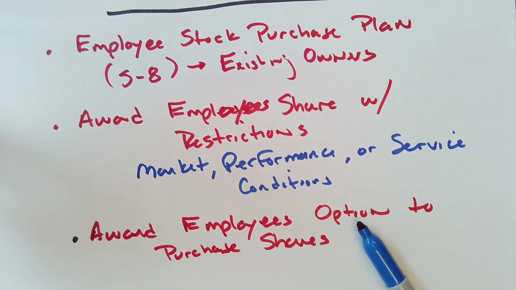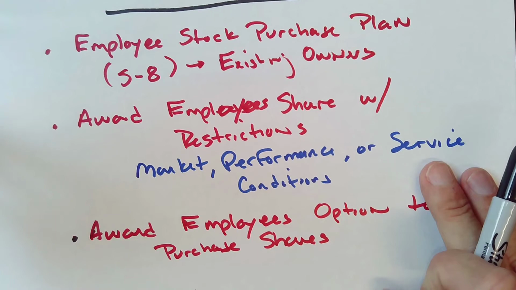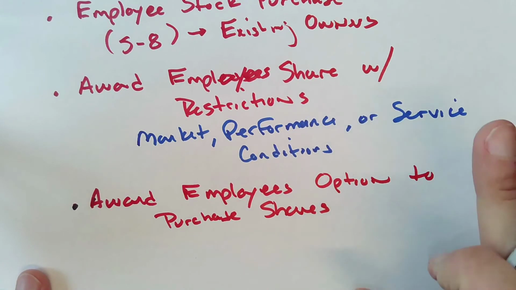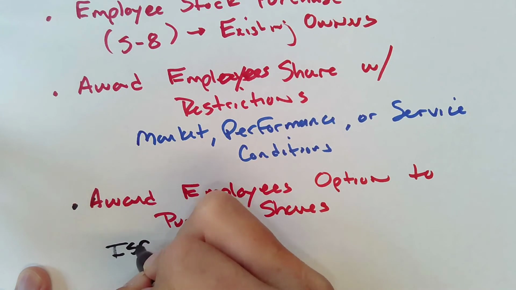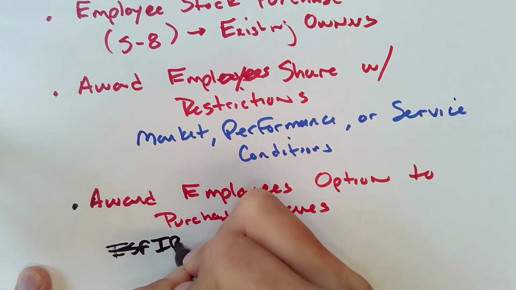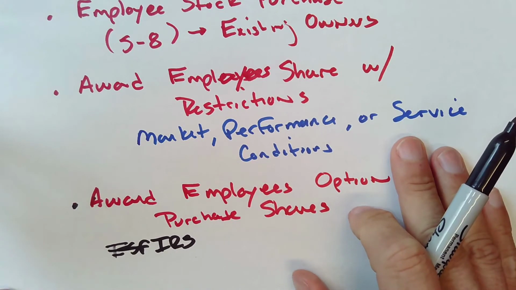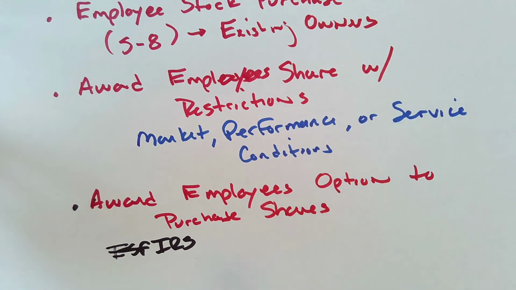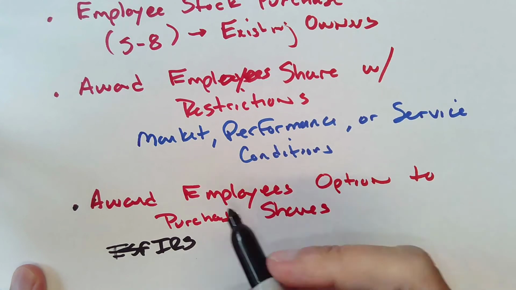Now, with these option plans, it's very interesting. Some of these are going to be from the IRS's perspective, right? So we're looking at the IRS. Oops, can't even spell it. IRS, not ISR. IRS, right? The IRS's perspective. Some of these plans are going to be taxable to the employee.